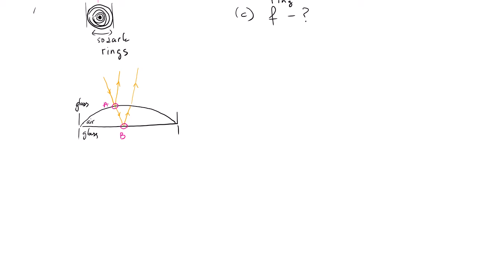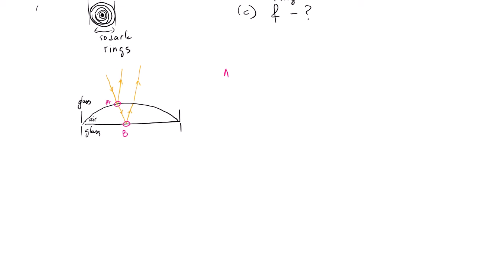So let's see what happens to the phase of a reflected ray. At point A, the ray goes from glass to air, which means no phase shift.